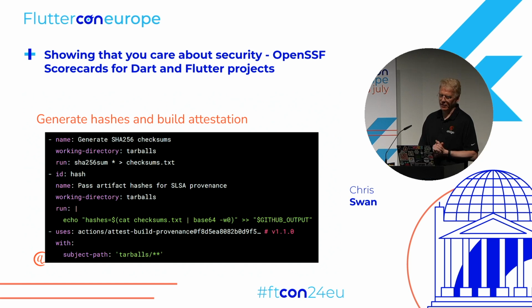The other thing we can do as part of our continuous delivery pipeline is generate hashes, and then from those hashes, get a build attestation. This is another thing that was in beta until a few days ago and has now been fully launched by GitHub.